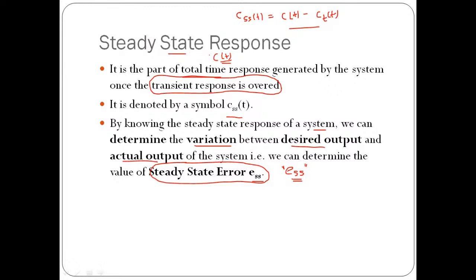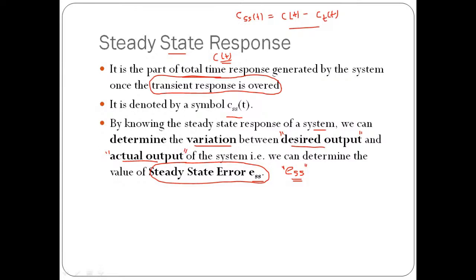Because if we have knowledge about the steady state response of a system, only then is it possible for us to make a comment on the steady state error. Because steady state error is basically the difference between desired output and the actual output.